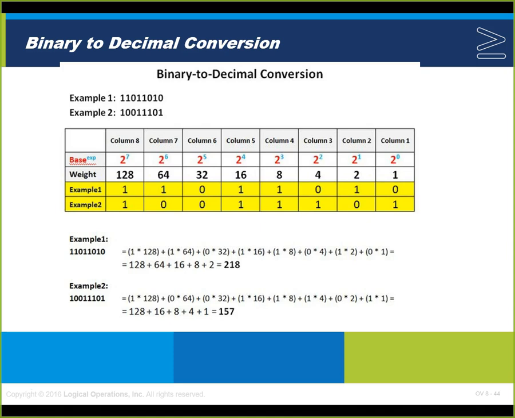If we had a binary number there, 11011010, in example 1, it would be 1 times 128 plus 1 times 64 plus 0 times 32 plus 1 times 16 plus 1 times 8 plus 0 times 4 plus 1 times 2 plus 0 times 1, which gives us 218. So the binary to decimal conversion can be done in a chart like this.